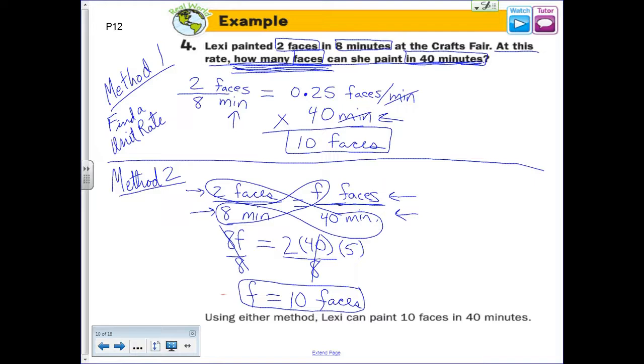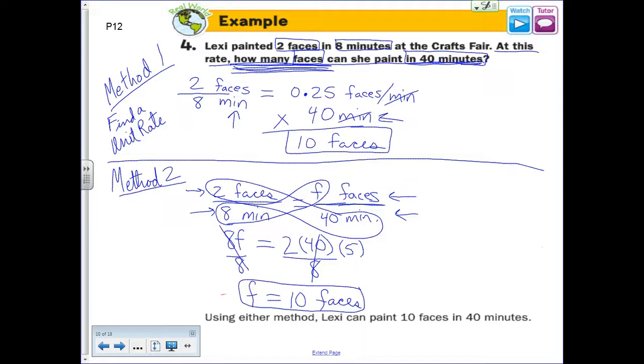In this second method, which is called using a proportion, I only had to cross multiply and divide. I think as we go through, I'm going to do this method more often just because I think it is the faster, quicker method. Even though it may look more complicated, it really is not.